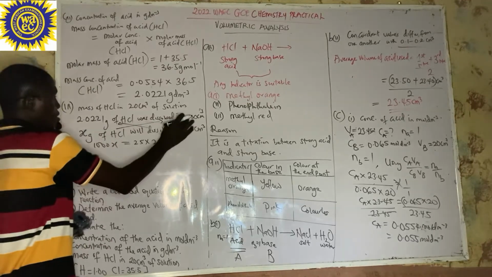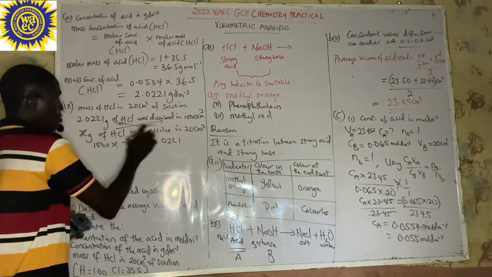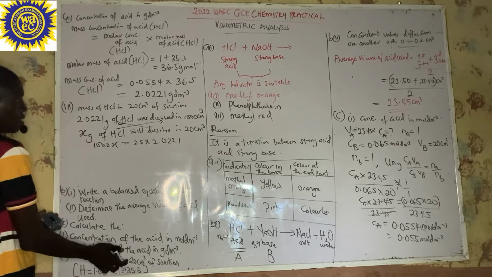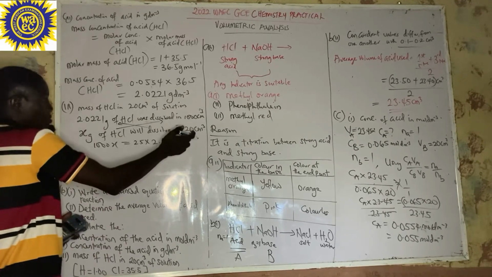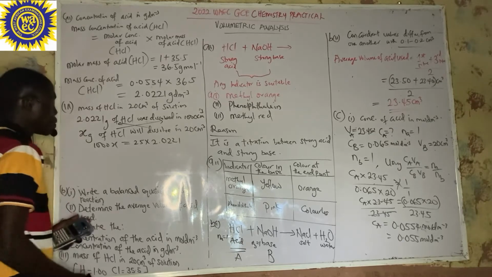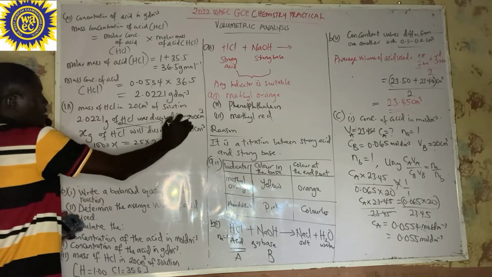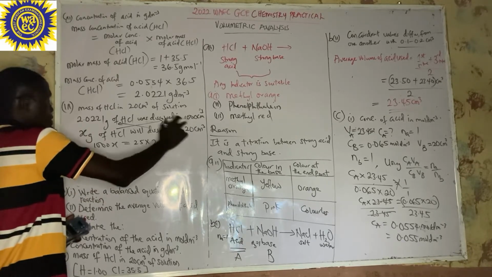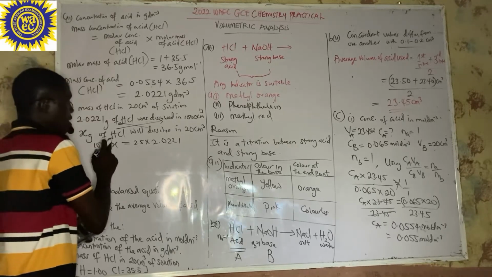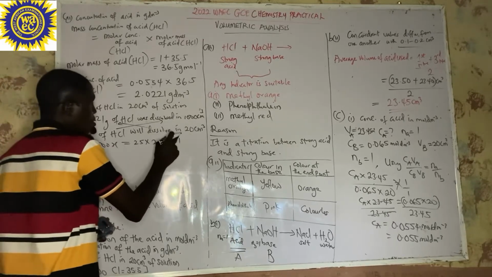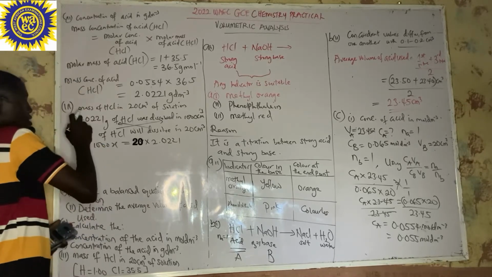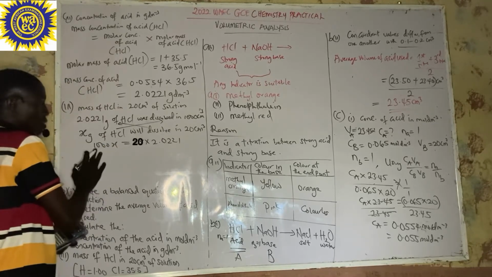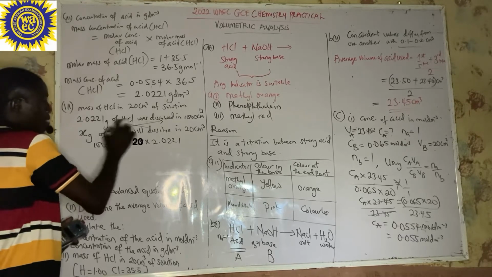2.0221 gram is dissolved in 1000 centimeter cube of solution, and X gram of HCl will dissolve in 20 centimeter cube of solution. So by cross multiplication, this one multiplied by this is 1000x, and this one multiplied by this.